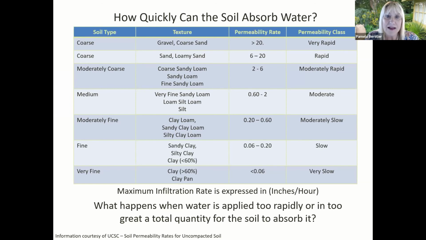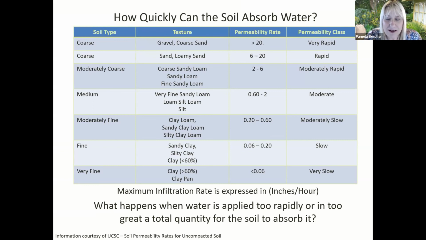But maybe there's some kind of municipal infiltration going on. Okay, great, you have this fast infiltration rate. And on the other hand, you have very fine soils like clays that are infiltrating at 0.06 inches per hour. There's almost no irrigation that you could apply that would only be applying at 0.06 inches per hour.